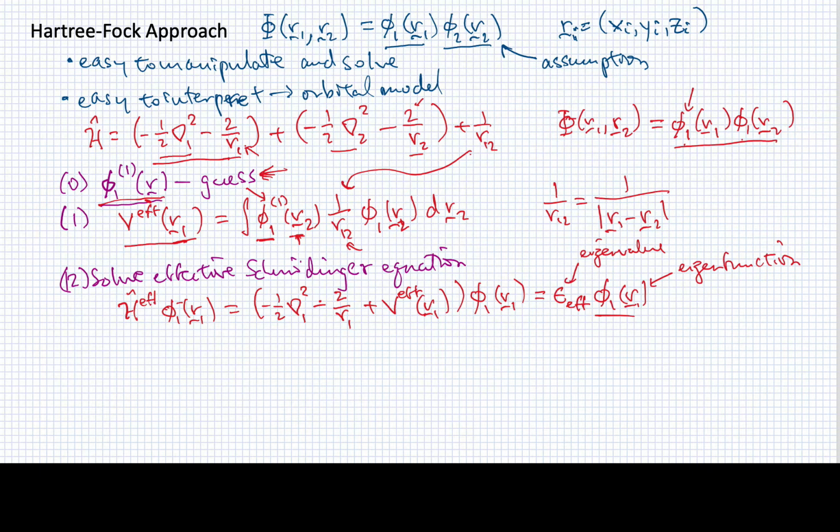We used this one to define our effective potential. But now that we've solved this Hamiltonian, we solved the Schrodinger equation, the solutions to the Schrodinger equation are likely different functions. They may not be a lot different, but they're different functions. All right, so this is an eigenfunction of this effective Hamiltonian, and this E effective is an eigenvalue of this effective Hamiltonian. So that's what we're doing here.